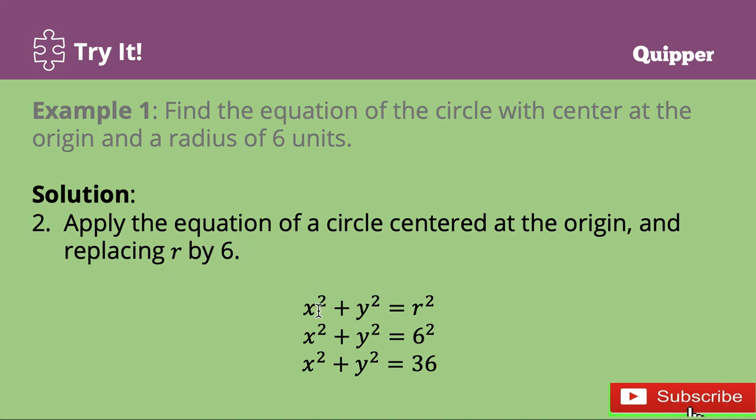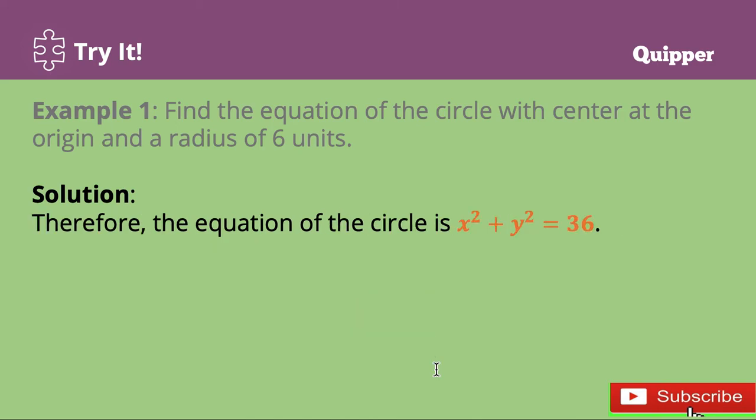The equation is x squared plus y squared is equal to r squared. Just substitute the value of r, which is 6. Then simplify. We have 6 squared, that is 6 times 6, which is 36. Therefore, the equation of the circle is x squared plus y squared is equal to 36.